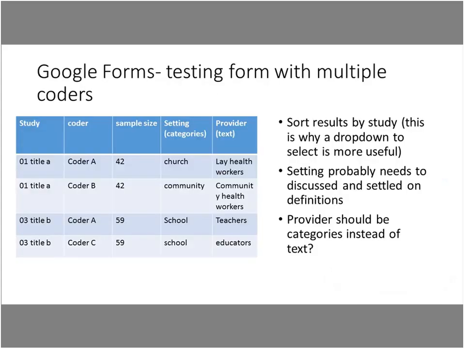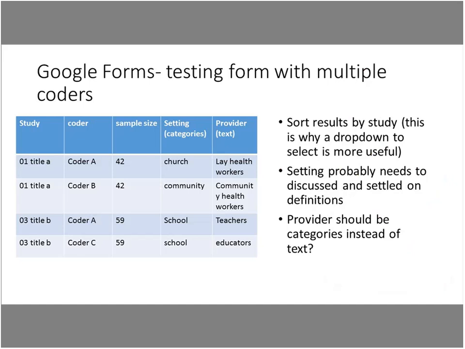So I just had this slide right here to show a little bit about what I do when I'm double coding. When I look at that table, I'll sort by the study name, and then you see that it falls into this. And this is something that I'll do early on in the process, because I want to see how we are coding, and whether there are issues with the questions.